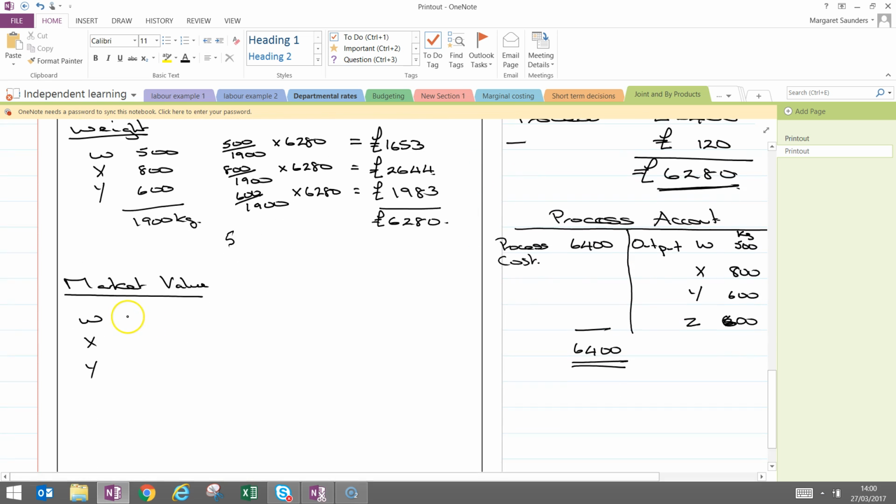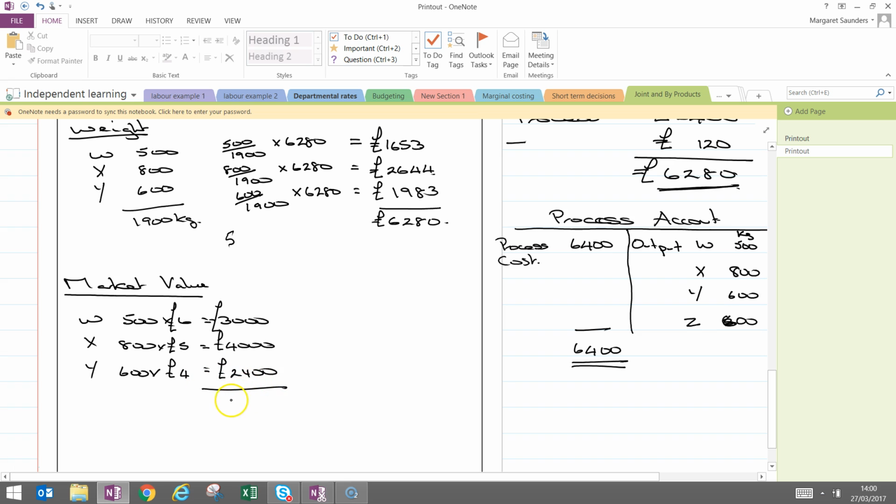So we just need to multiply those out. So W, we've got 500 times 6. So that gives us £3,000. X, we have 800 times 5 gives us £4,000, and Y, we have 600 kilos times 4 gives us £2,400.